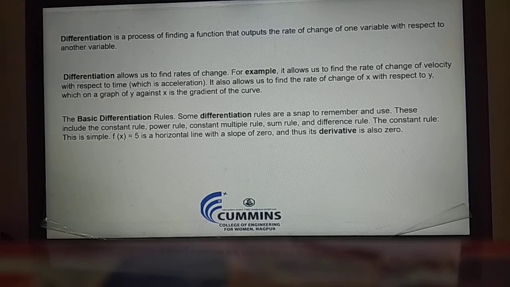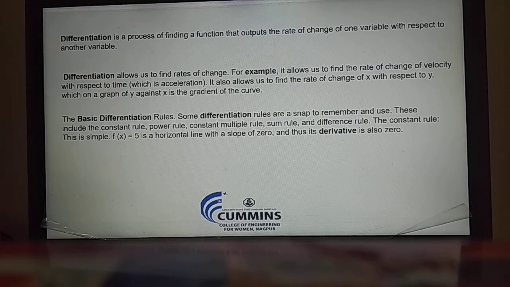Suppose r is the position vector of any point P, and suppose we consider the displacement. Then differentiation of displacement with respect to time is called the velocity, and differentiation of velocity with respect to time is called the acceleration.